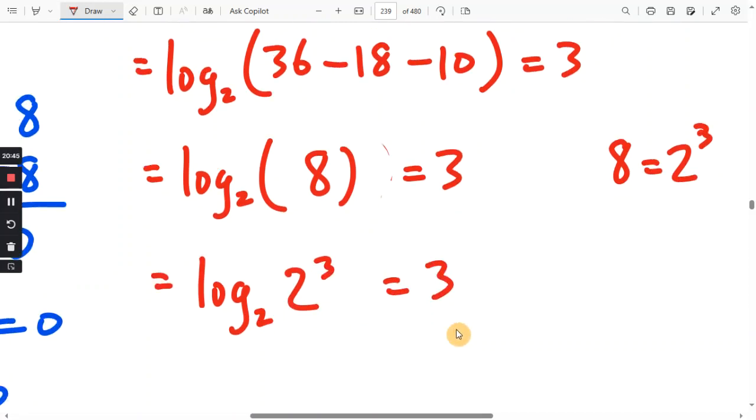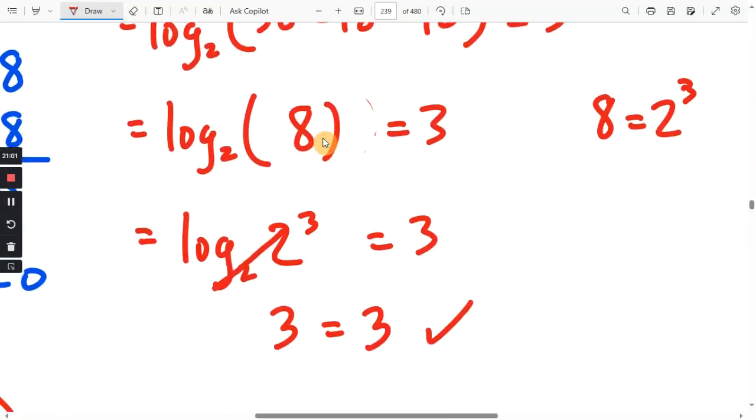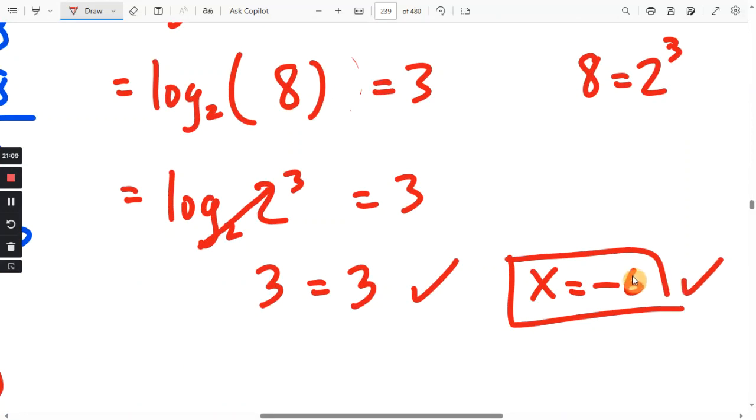And when the base of the log matches the base of the number that's being raised to the exponent, those cancel, and you're just left with 3. Does 3 equal 3? Yes. So what number did we use? X equals negative 6. That answer or solution checks out.